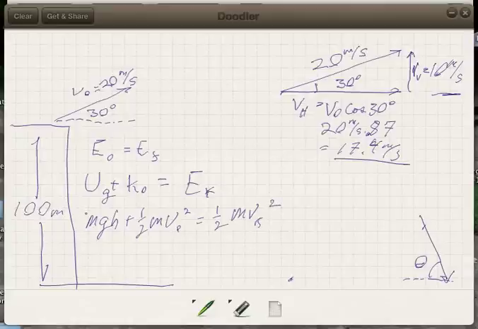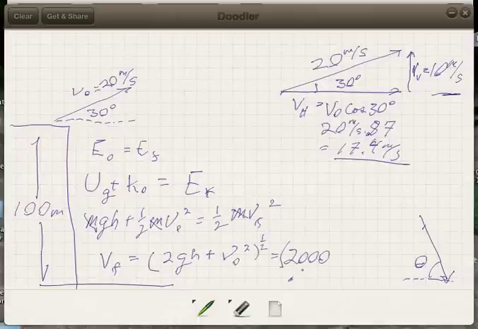And oh, isn't that nice? Mass cancels. And I can solve for my v final, which is equal to the square root of 2gh plus v0 squared. This is 2,000, and the units are meters per second squared times meters, plus v0 squared, that's 20 meters per second squared.